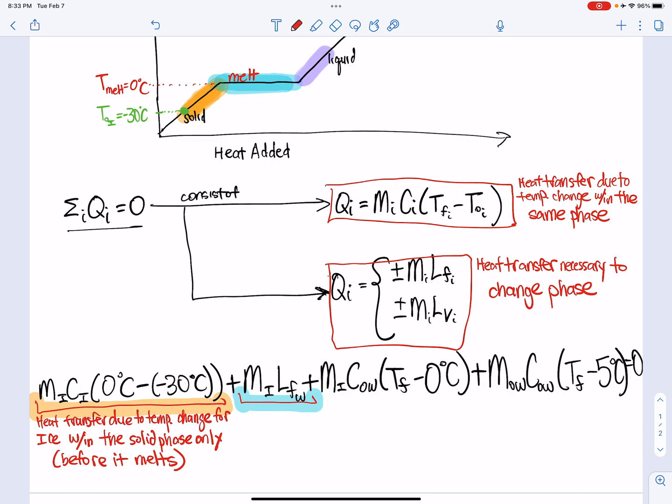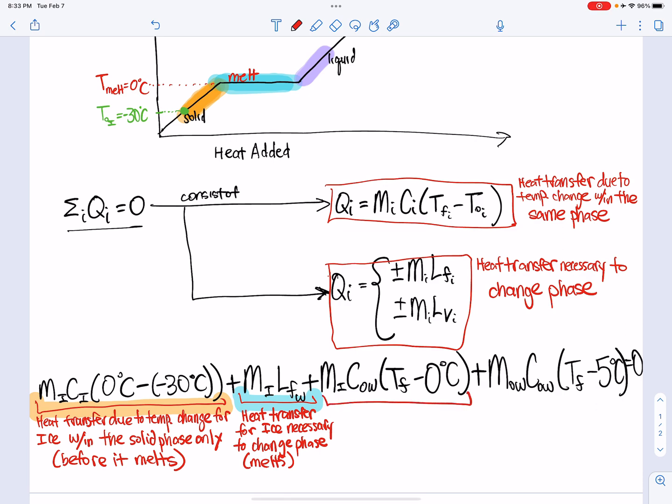I'll write that down, just since it's a video, you could skip ahead if you already know this. So this is heat transfer for ice necessary to change phase. Basically when it melts. Okay?